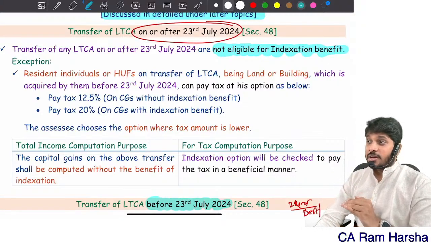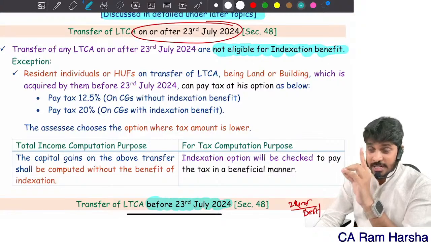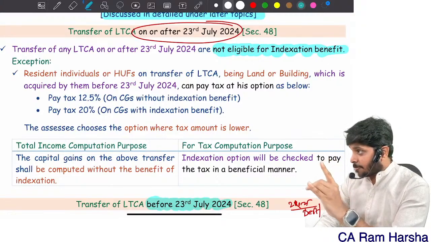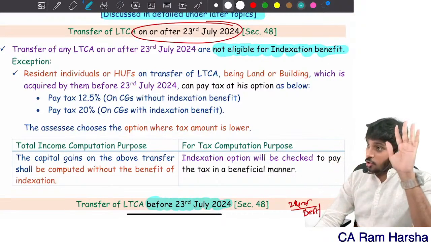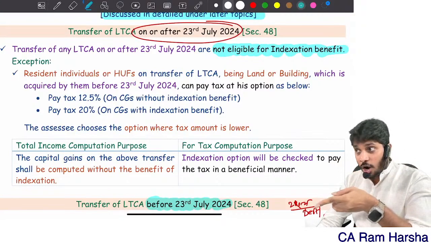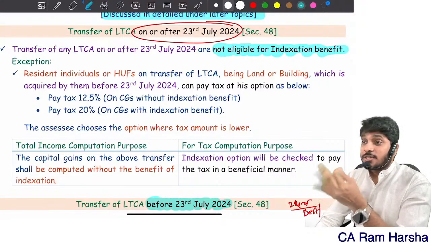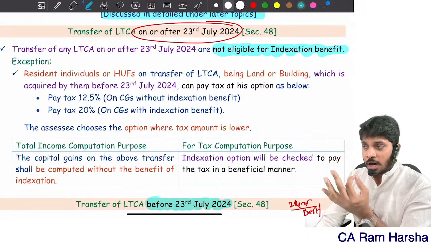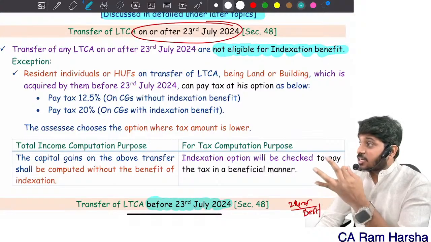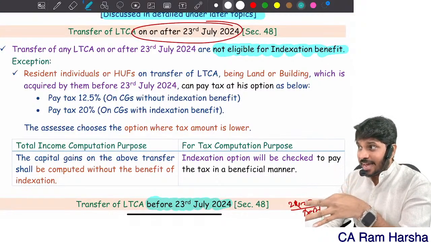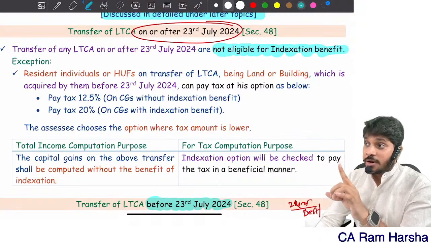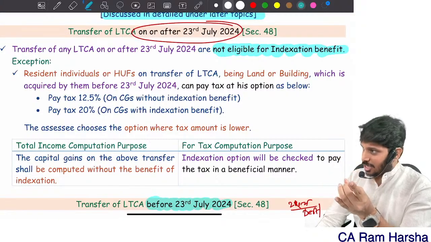Okay, so compute capital gain without indexation. Then finally, when you are computing tax rate, if at all the assessee is a resident individual, resident HUF, who purchased this land and building long ago, before 23rd July, but sold on or after 23rd July, then we will give him an option to pay tax as per these two. One, compute tax liability at 20% on the long-term capital gain, where the gain amount has to be computed after considering indexation.